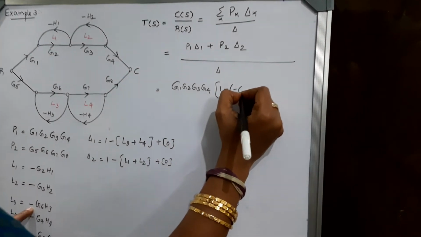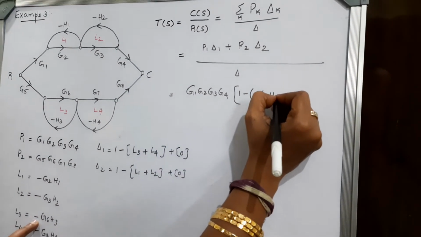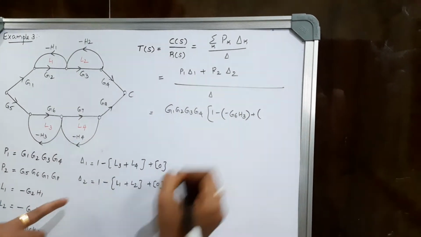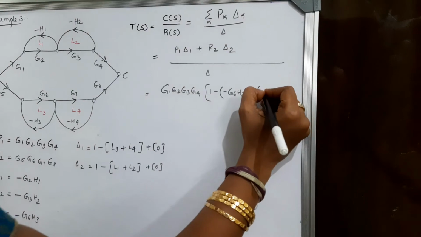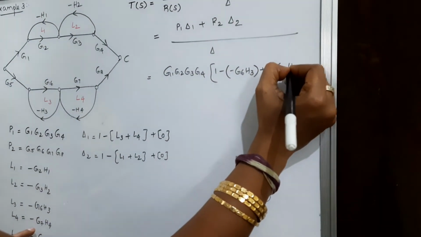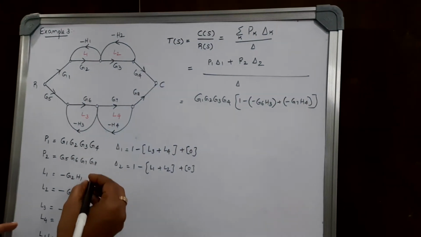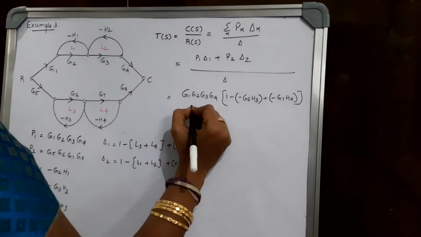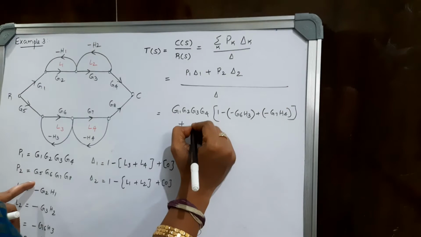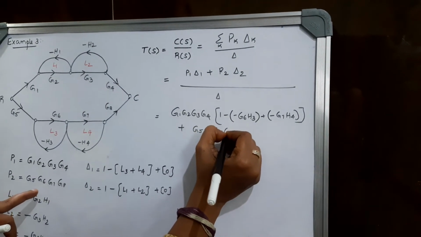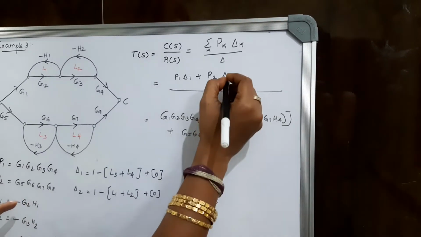L3 is minus G6 H3, then plus L4 is minus G7 H4. So this is the combination of delta 1 plus P2. P2 is G5, G6, G7, G8 into delta 2.